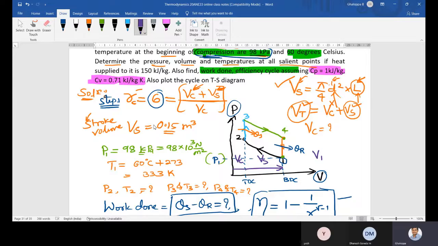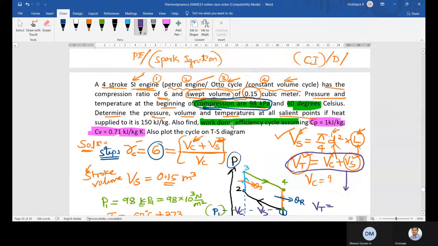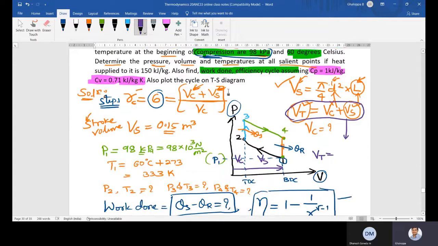So total volume Vt is equal to Vc plus Vs. Has he given the clearance volume? No, he has not given the clearance volume, but you need to calculate it. How will you calculate using clearance volume and stroke volume? One more equation you know: compression ratio is equal to 6, which is Vc plus Vs by Vc.